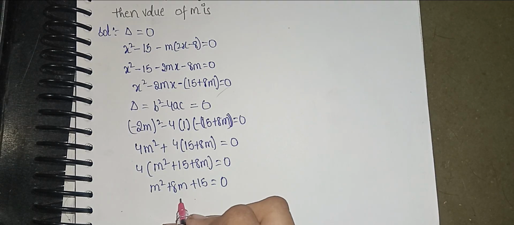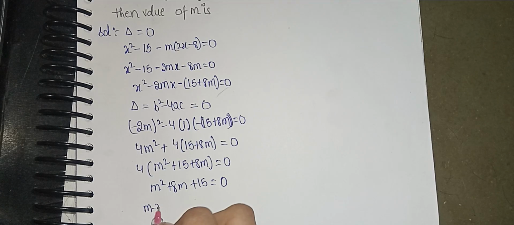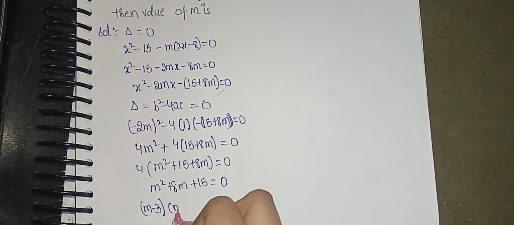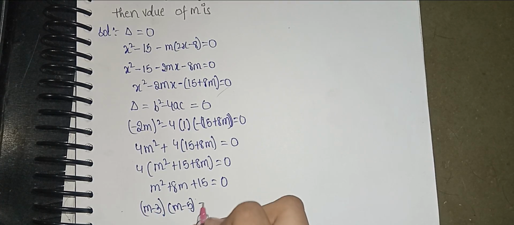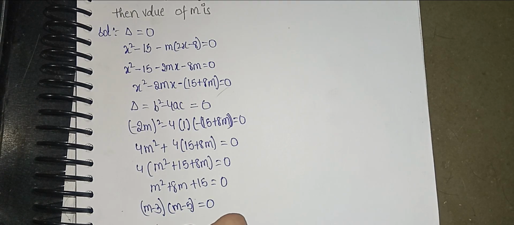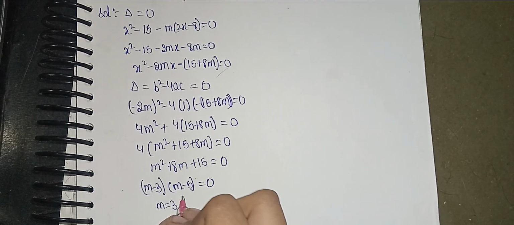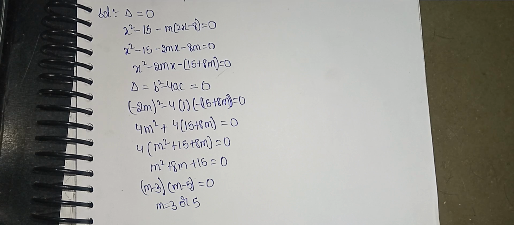If we factorize this, we'll get m minus 3 into m minus 5 is equal to 0. Then m is equal to 3 or 5. This is the solution. Match your solution with this.